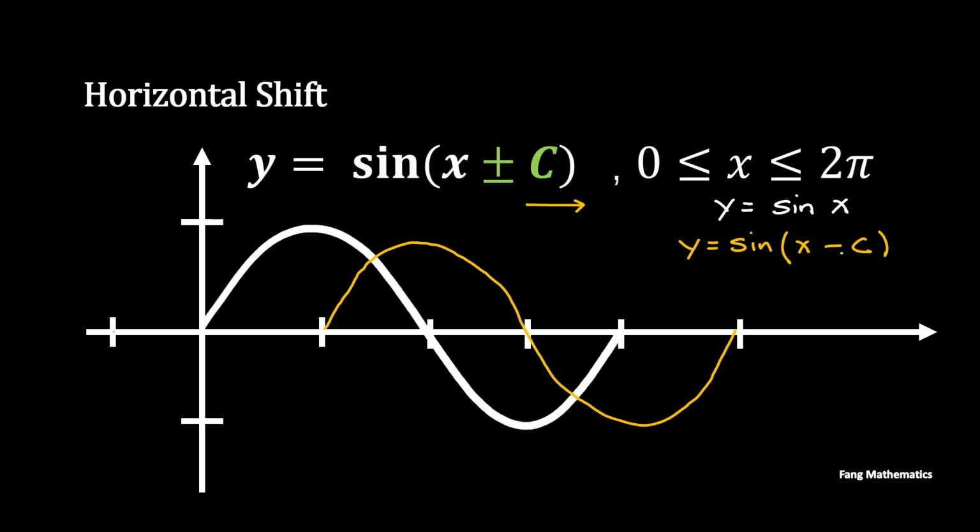Remember, it is the opposite direction of the sign. When minus, you move towards the right. On the other hand, if you move towards the left, the sign here will be plus. It is the opposite direction of the sign.